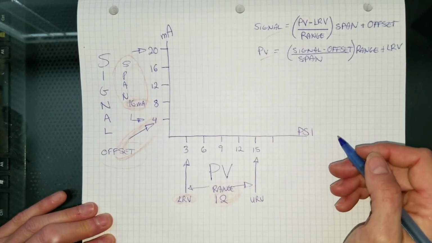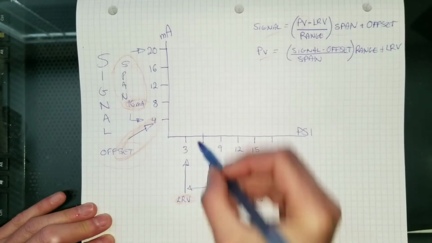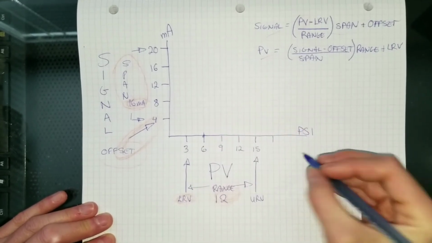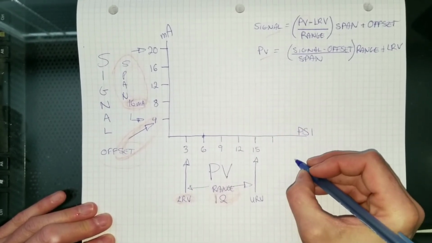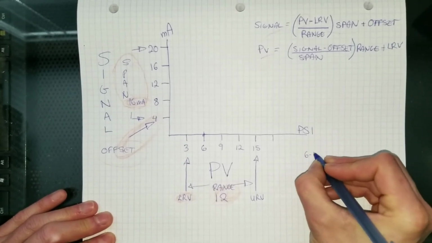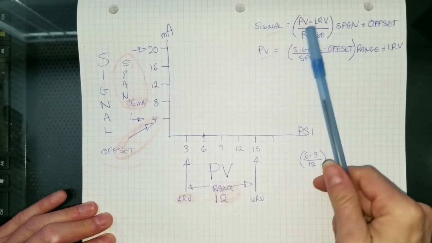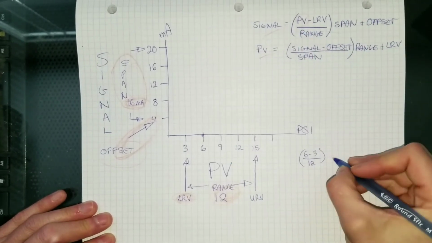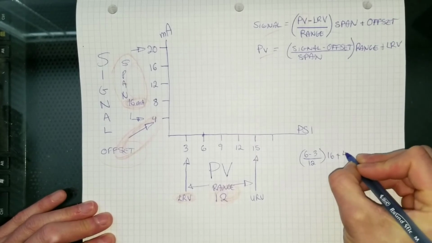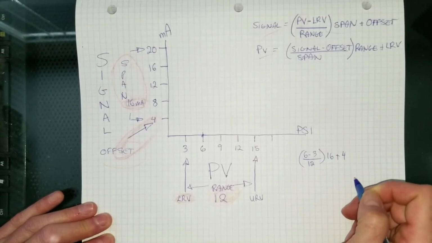Let's just say that we have 6 psi. At 6 psi, what kind of a signal could we expect to have? Well, let's just do the math here. So we have 6 psi minus 3, right, over our range of 12 times 16 plus 4. Don't do this thing where you add these two numbers together. Remember BEDMAS, please.